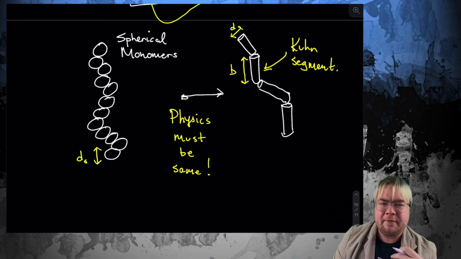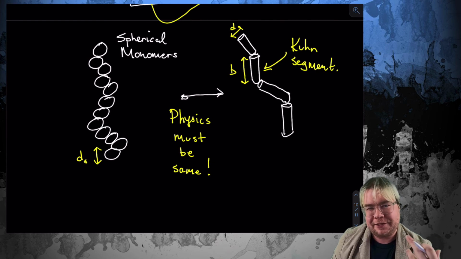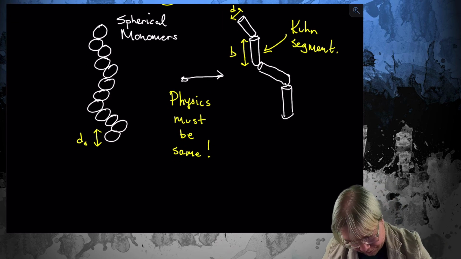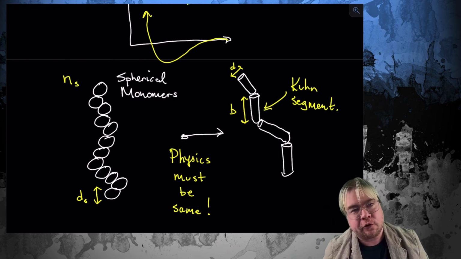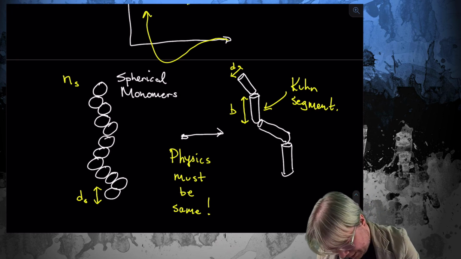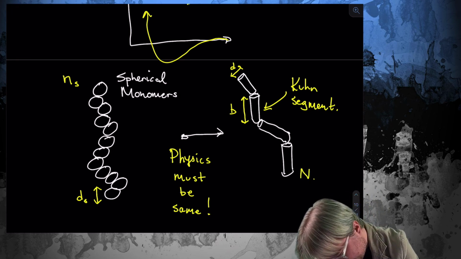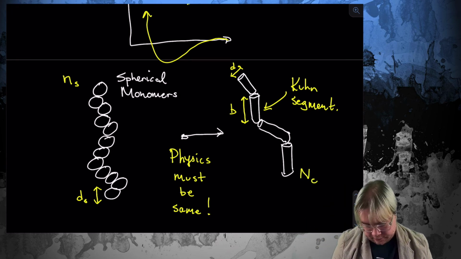It doesn't matter what kind of crazy construct I come up with to describe my polymer chain. It has to be the same. So in this case, I have NS, spherical monomers. And in this case, I have capital NC, cylindrical monomers. And I want them to be the same.